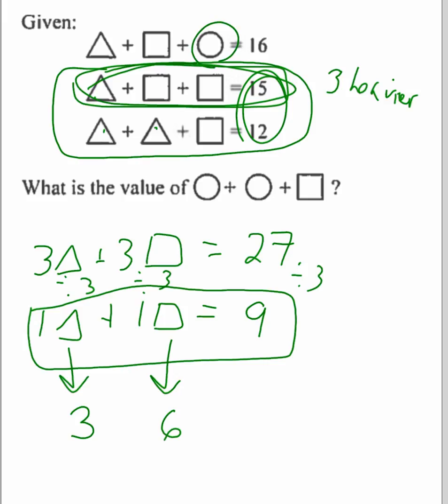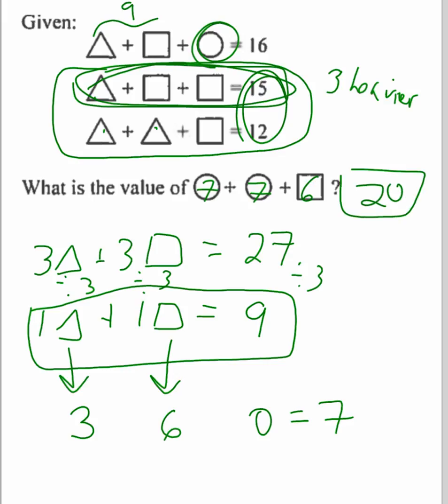Well, what must the circle be then? If together they must be 16, and these two are 9, then the circle must be 7. Then I can go to this final thing and think, okay, 7 plus 6, that would be 20. And my answer to that question is 20.